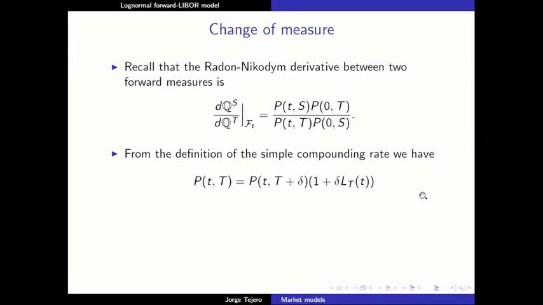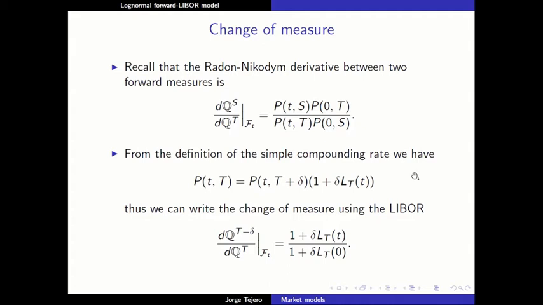Now, see that if the LIBOR is some forward rate in simple compounding, we have the following relation between two zero-coupon bonds. This leads to the following representation for the Radon-Nikodym derivatives between the T forward measure and the T minus delta forward measure in terms of the LIBOR rates.